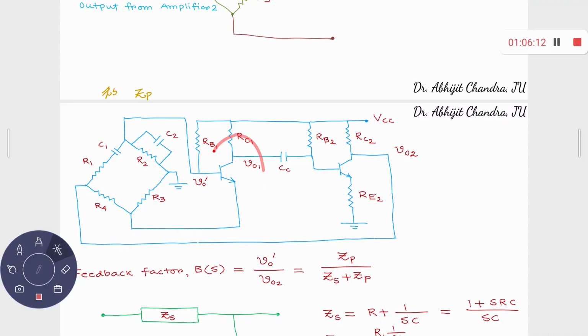This stage 180 degrees, this stage an additional 180 degrees. So from here to here, no phase difference. Therefore, this particular feedback network must not provide any additional phase difference, so that whenever the signal traverses the loop, there is 0 degree phase difference.